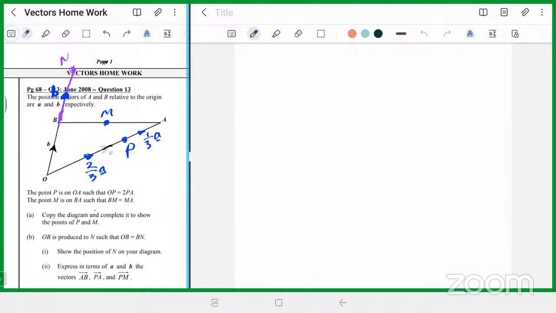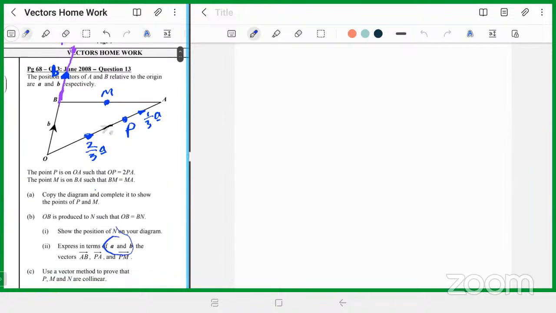Next part says express in terms of A and B these vectors: AB, PA, and PM. Those three things I want. First thing I want is AB. That one is easy, because AB is simply OB minus OA. The OB is small b and the OA is small a.